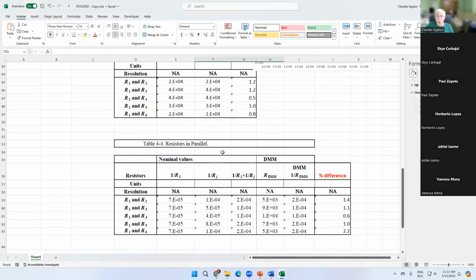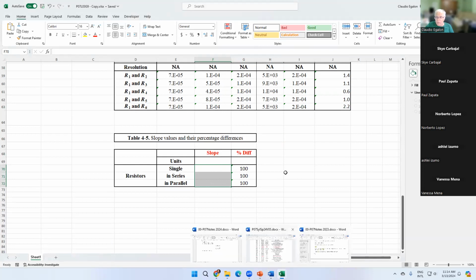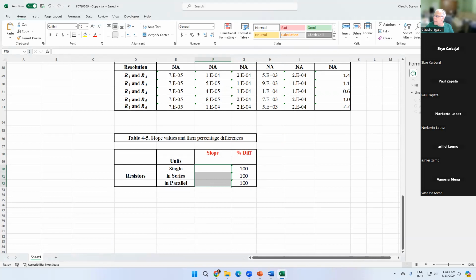And also the other table here, you get the percentage difference, but just the slope, okay? Slope value units. Okay, so Jacqueline did that.